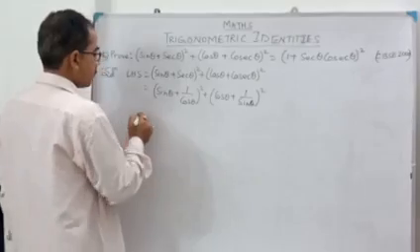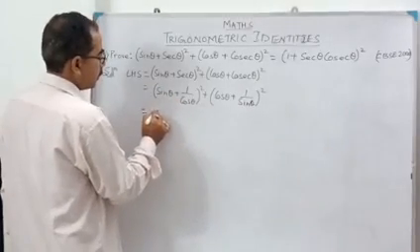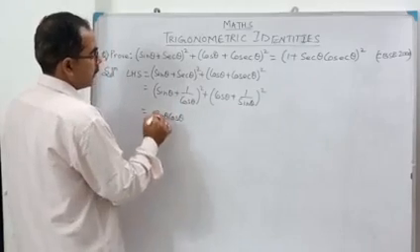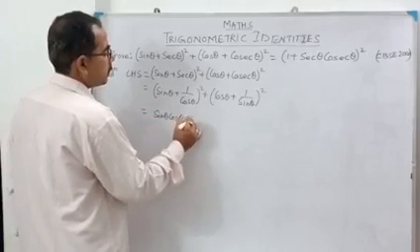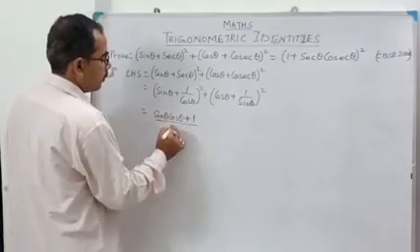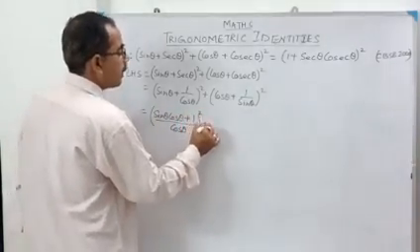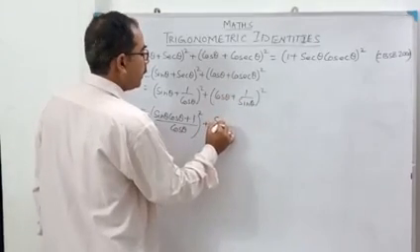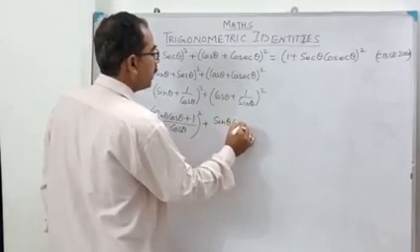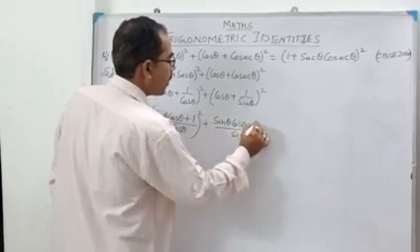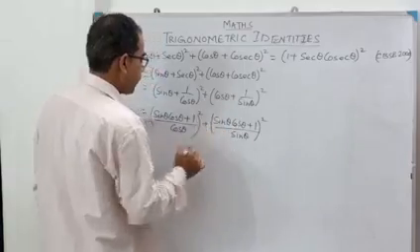Okay, so that is equal to, if you do the LCM, sin theta cos theta plus 1 in the numerator, and in the denominator cos theta whole square, plus here also sin theta cos theta plus 1 whole divided by sin theta whole square. Correct?